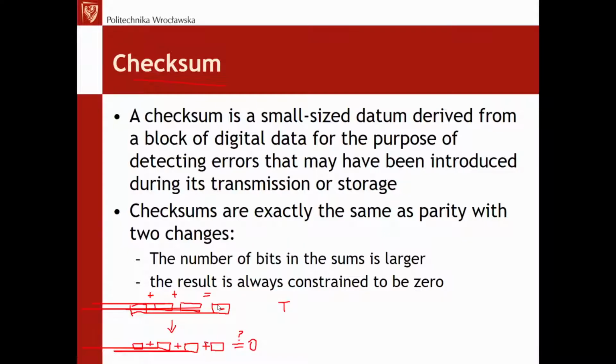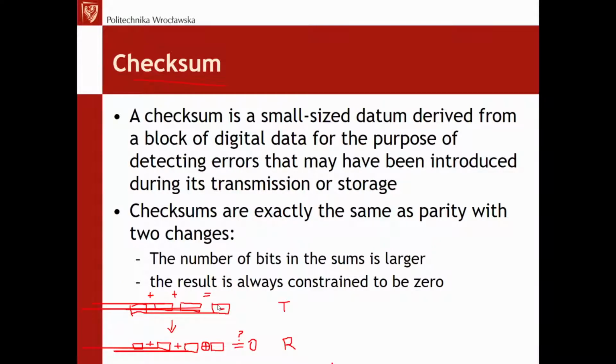So we add the 3 bytes and XOR the 4th byte, and we should receive 0. If we receive 0, it means that the message is unaltered. If it is non-zero, it means that the message is altered, there is a bug inside the message, and the message has to be rejected.